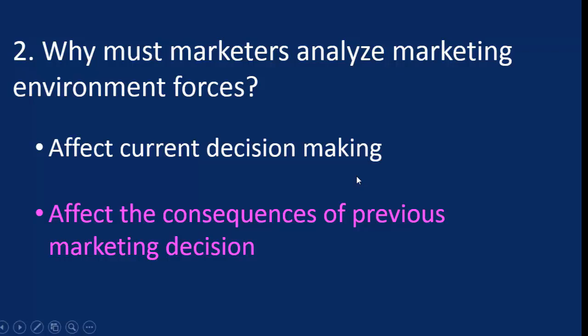Today, 3 months later, we might be looking at the results of those decisions. Were they good decisions? Did it work out okay? Well, to some degree, whether they worked out okay or great or not so well is going to be affected by the forces in the marketing environment and the changes in those forces that have occurred since those decisions were made 3 months ago.